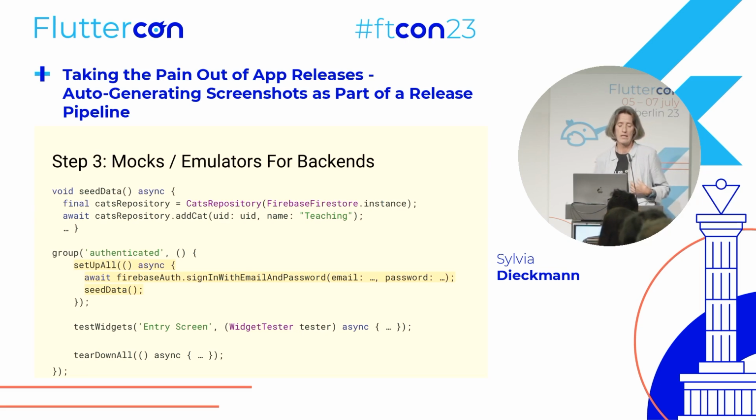In my authentication part, I'm signing in with the email and password I had set up manually. And I have some seed data where I generate certain records that I will later test against. And these should be repeatable. And you can set them up either for each group or for each test and tear them down afterwards again.